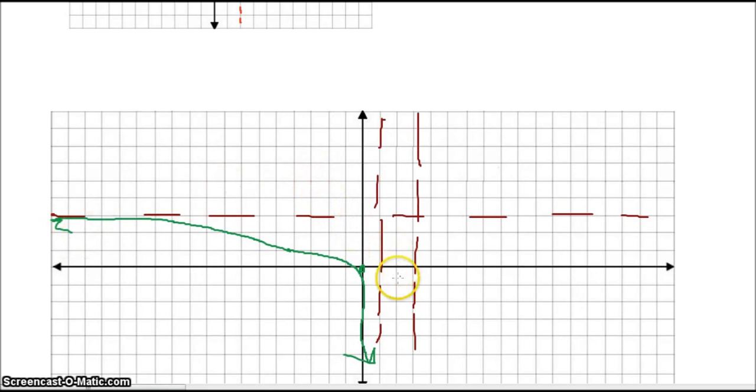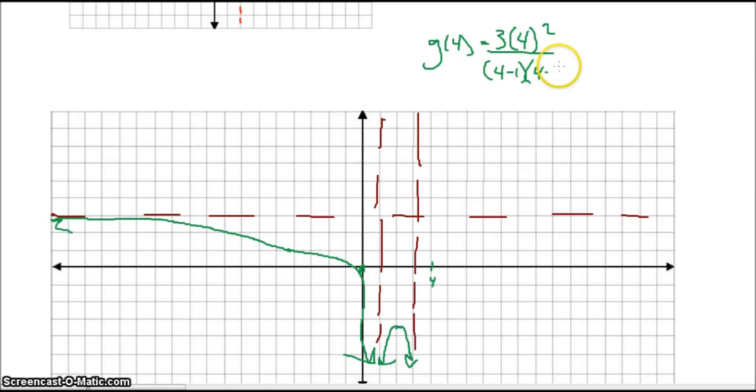Looking at a table of values, I see that if I'm in the middle here, then all my values are negative, and we make a shape like this. And then over here, if I just choose a value like 4, for instance, g of 4 would be, you could again look at this on your calculator, 4 minus 1, 4 minus 3.